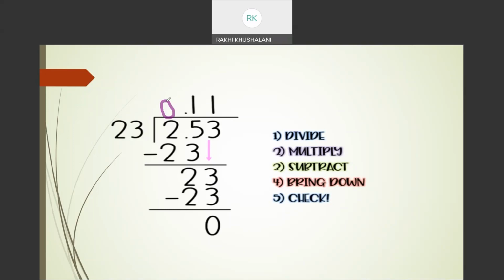Again, 23 into 1 is 23. So my answer is 0.11. Check. 23 into 11 gives you 253. Put 2 decimal places because your quotient is also having 2 decimal places and you get the answer.